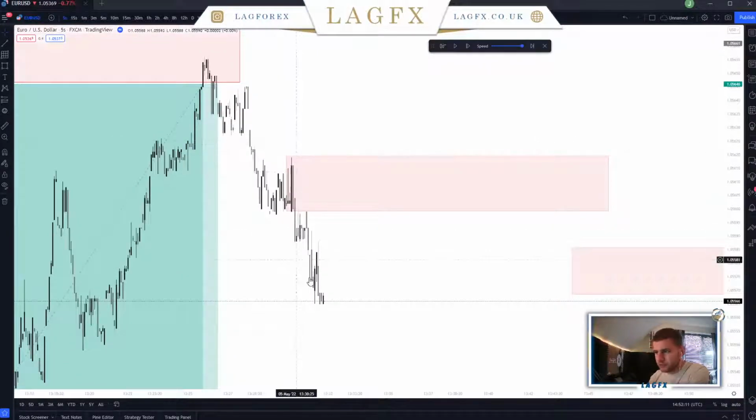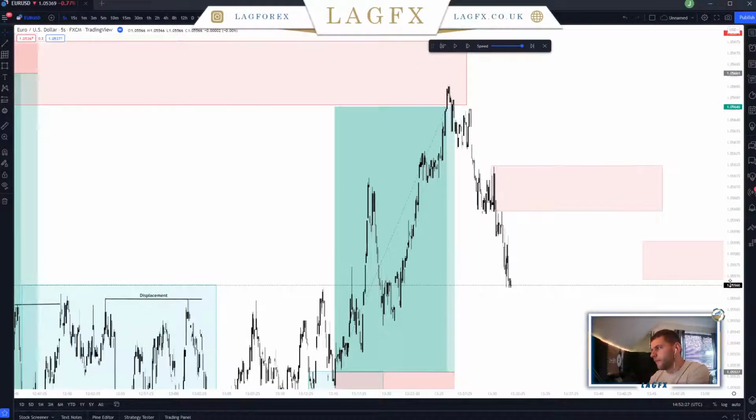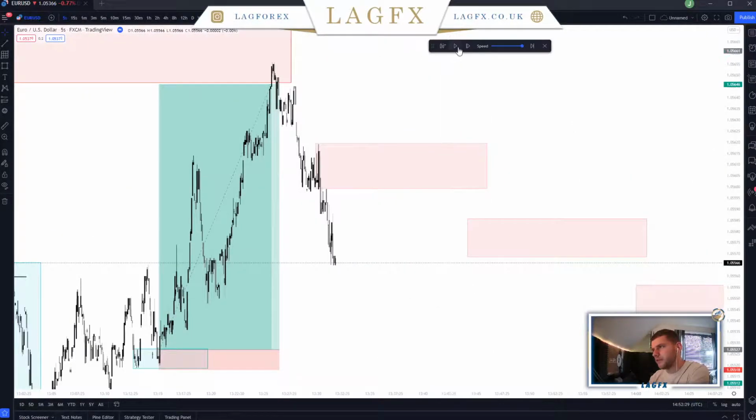Now as we trade lower, I would have originally been looking to mark this up as a supply zone, but we've already traded away from that, set a new protected high. So the next point I'm looking at is that region there. See how price plays.